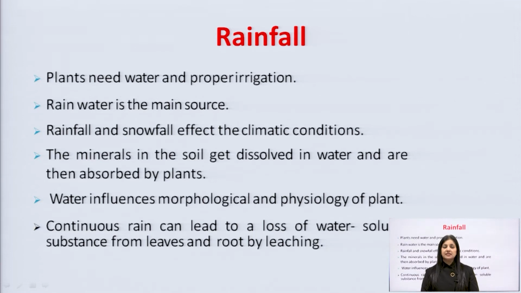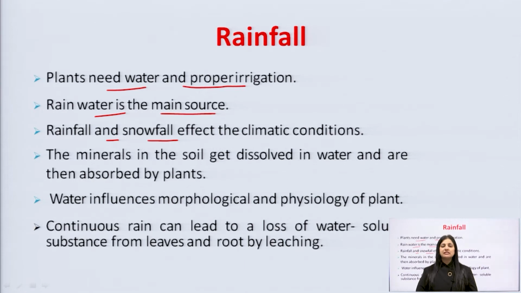Rainfall. This is another important factor. We know that plants need water for their growth. So, plants need water for proper irrigation and normally this happens with the help of a natural source, that is rainfall. Rainwater is the main source of irrigation for plants. Rainfall and snowfall affect the climatic conditions as well.